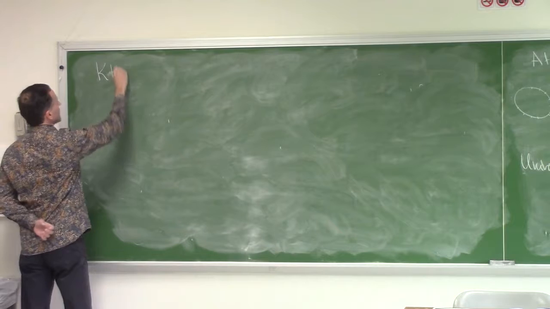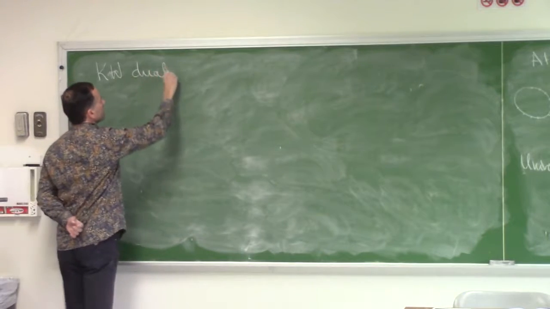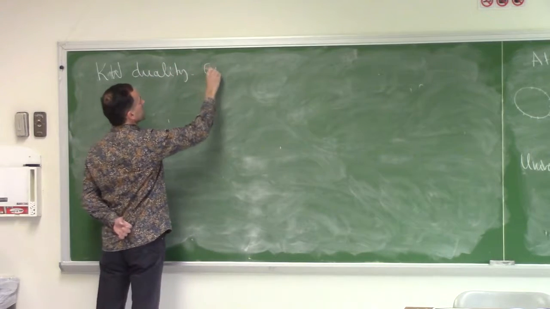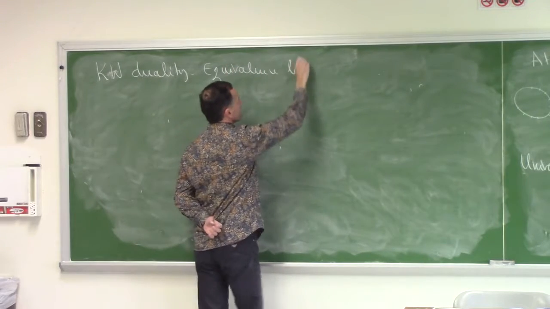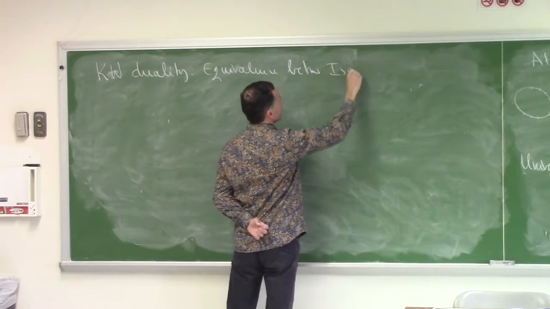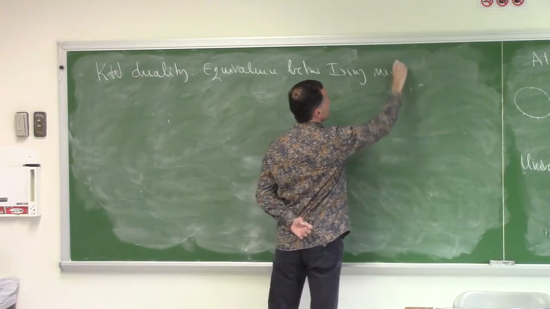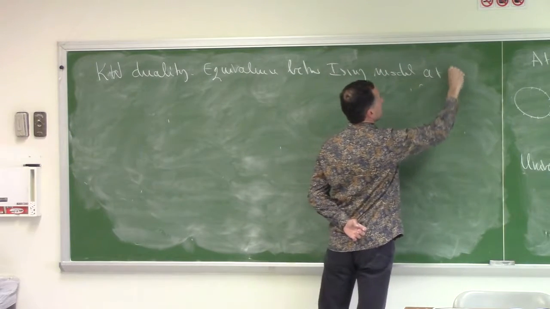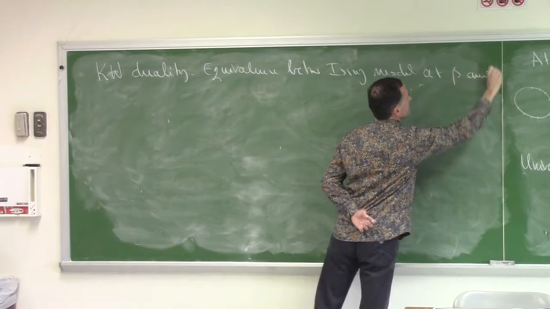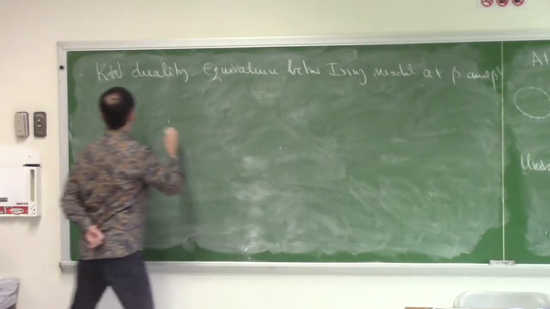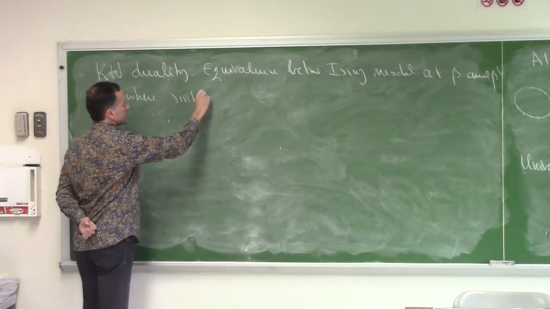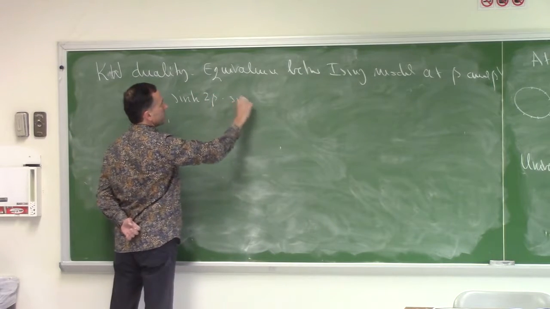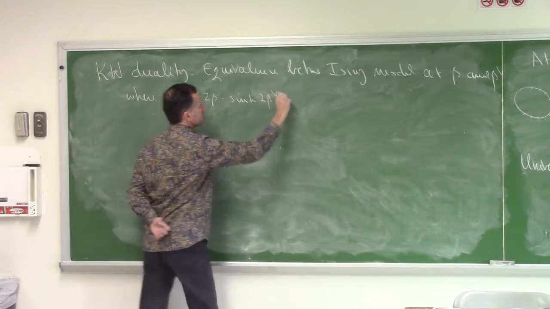So KW duality, an equivalence between the Ising model at beta and beta check, where beta check is related to beta by sinh 2 beta times sinh 2 beta check equals 1.